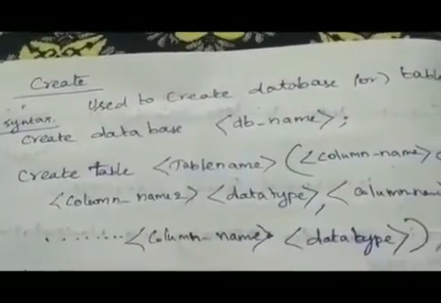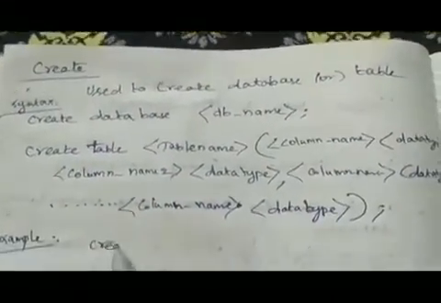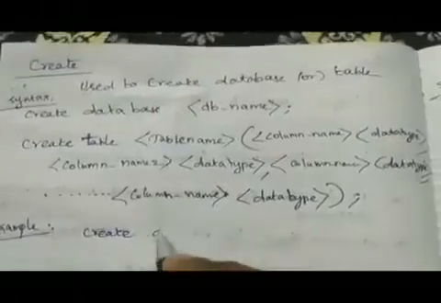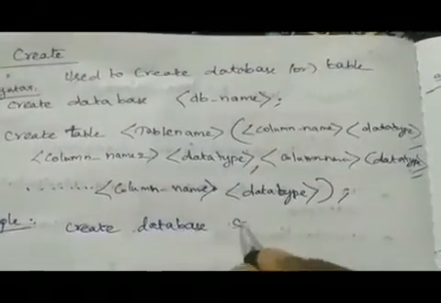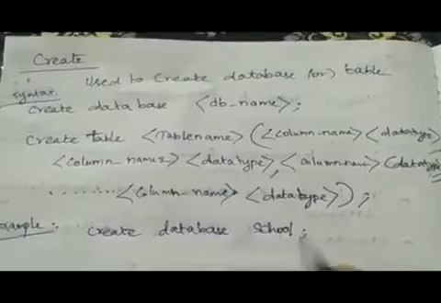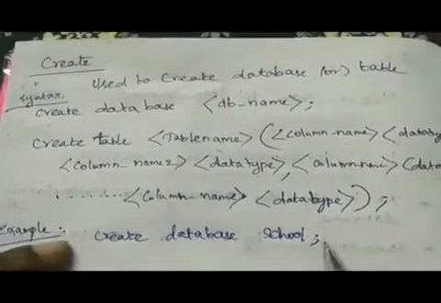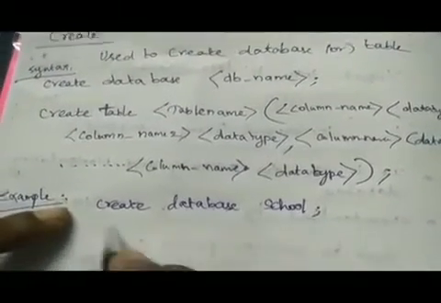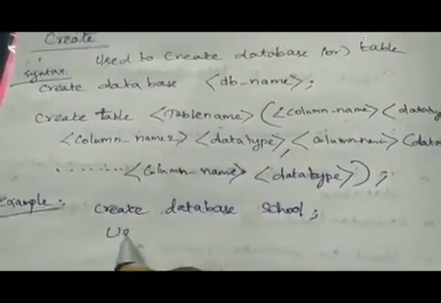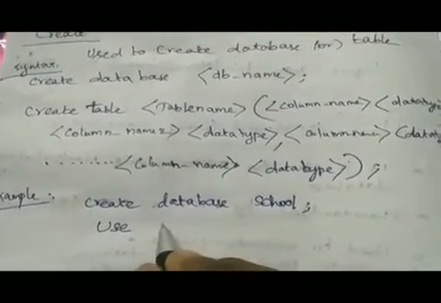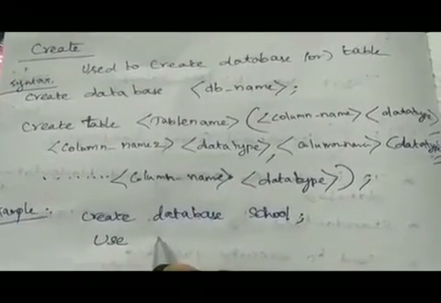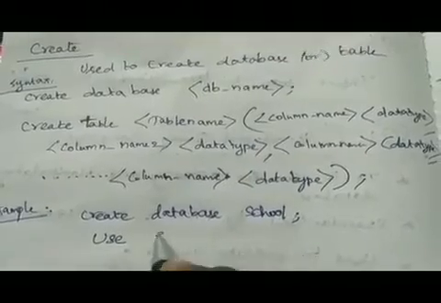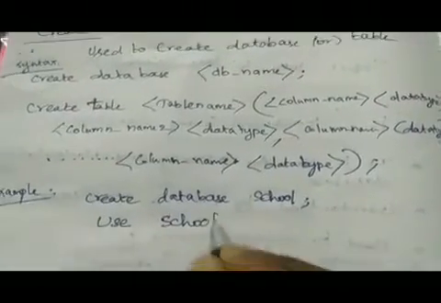In previous classes we saw create database school. After creating the database school, how do we activate it? With the help of the use command. After writing use school, we can activate the school database.